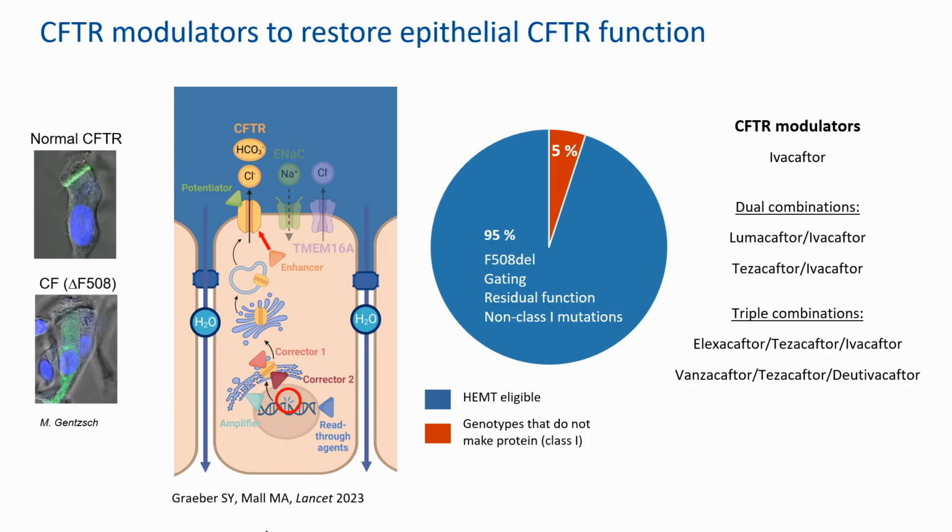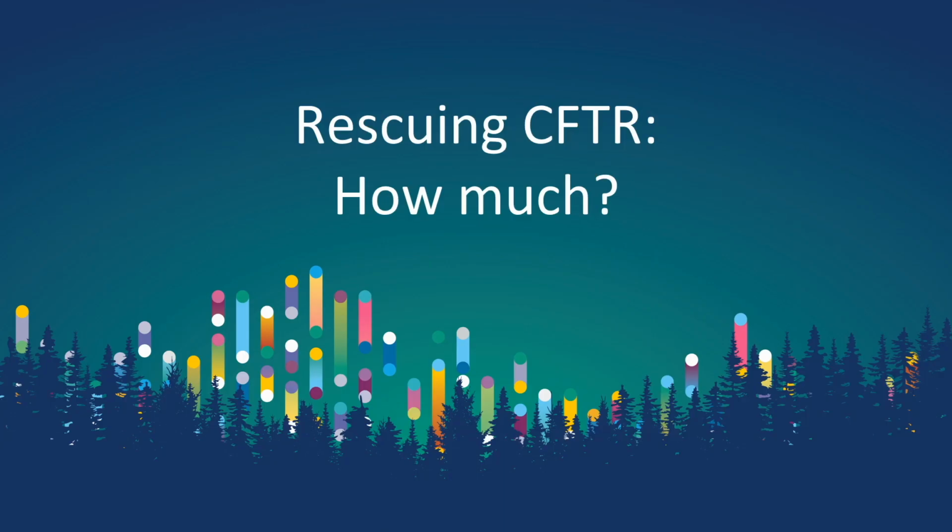And now we are about to reach 95% of people with CF that we can treat effectively with these modulators. I will mainly focus on ivacaftor and ETI in this presentation, but we know that we also have other modulators at hand.